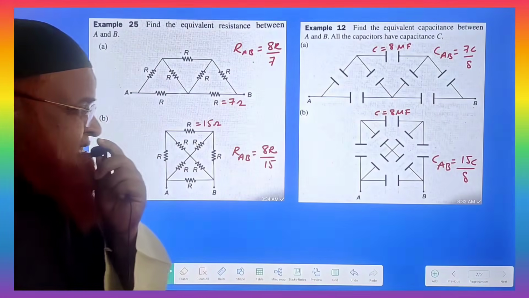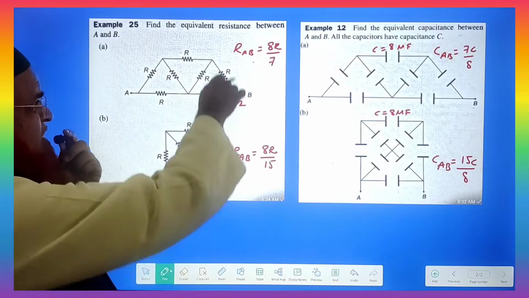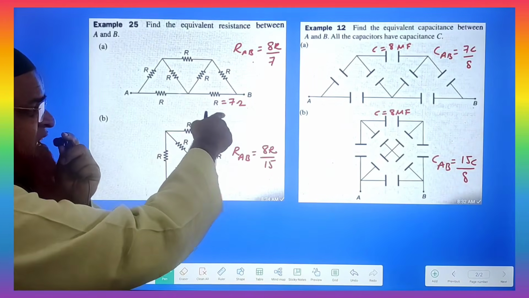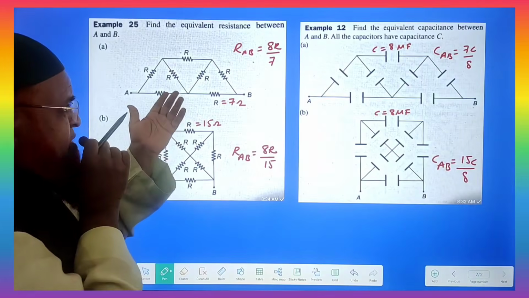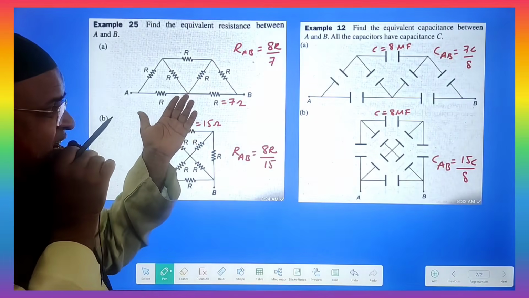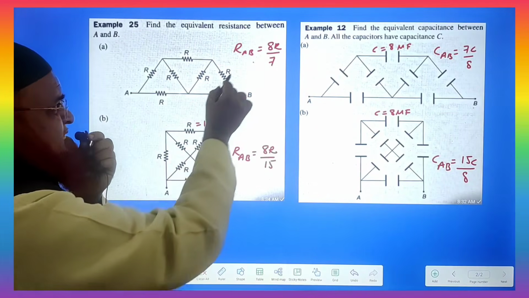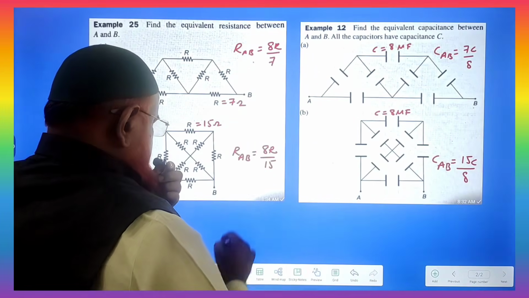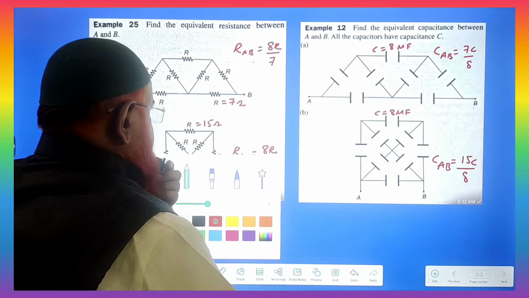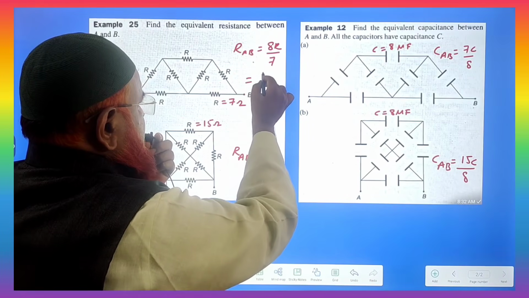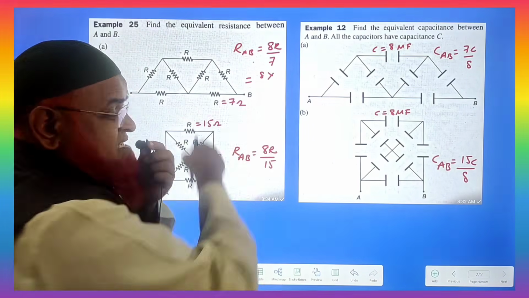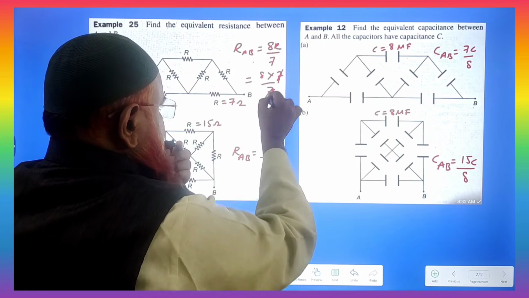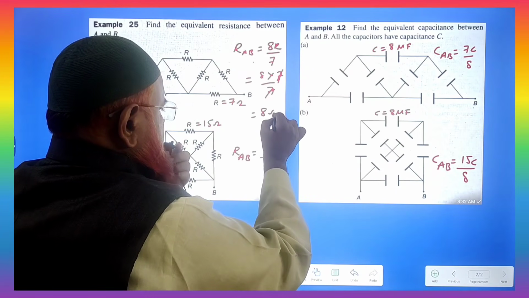Similarly, if you can see this circuit here, first one, if the resistance of each and every resistor in a pyramid shape resistor network is connected, if it is this case, then resistance is going to be 8R by 7, and you are going to apply the formula here 8R by 7. If the resistance is going to be 7 ohms, you can write 8 into 7 by 7, 7 gets cancelled. Your answer is going to be 8 ohms.